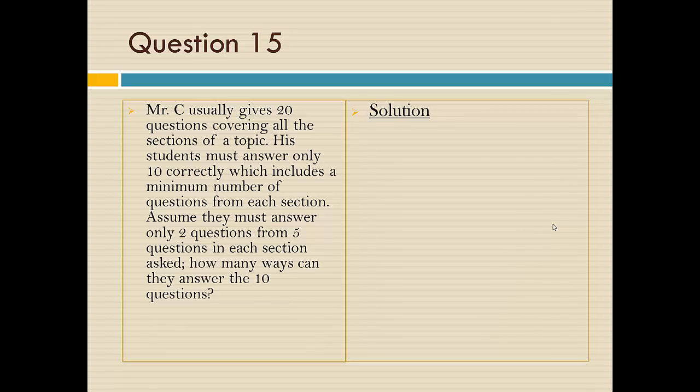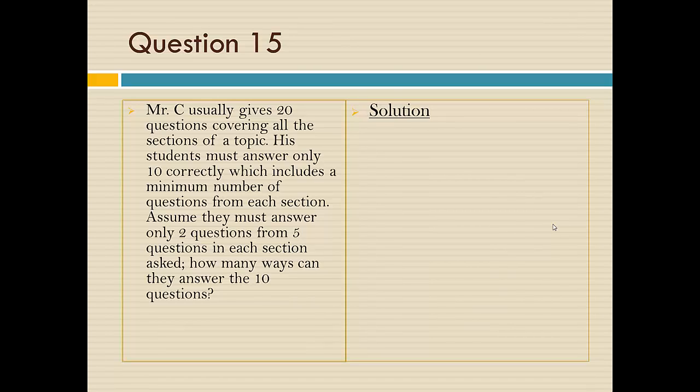Now, because these questions are broken down in sections, if they must answer 2 questions from 5 questions in this section, I didn't say the number of sections asked so that I don't put a number there to confuse you more. So in this case, 2 from 5, remember it must include a minimum number of questions in each section. So 2 questions from 5 questions from each section.